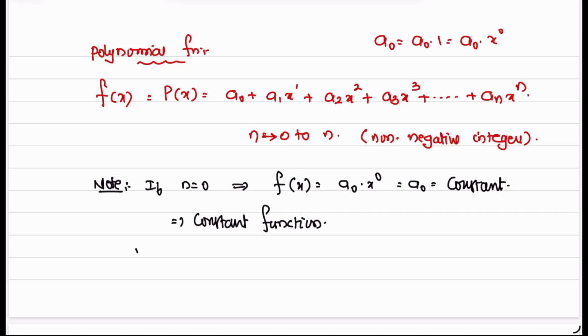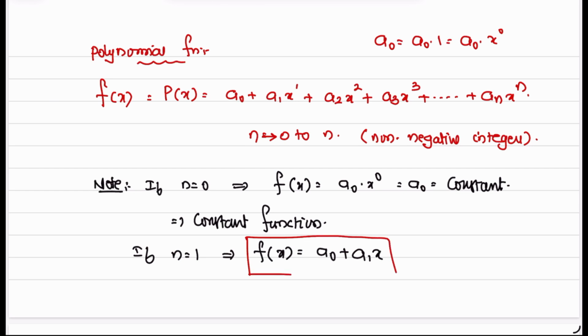Now, if n is equal to 1, it implies f(x) is equal to a0 plus a1x. Please see this. Other terms will not exist because x square and x cube are not there. This implies a linear function. It's a polynomial function only. It is a linear function.